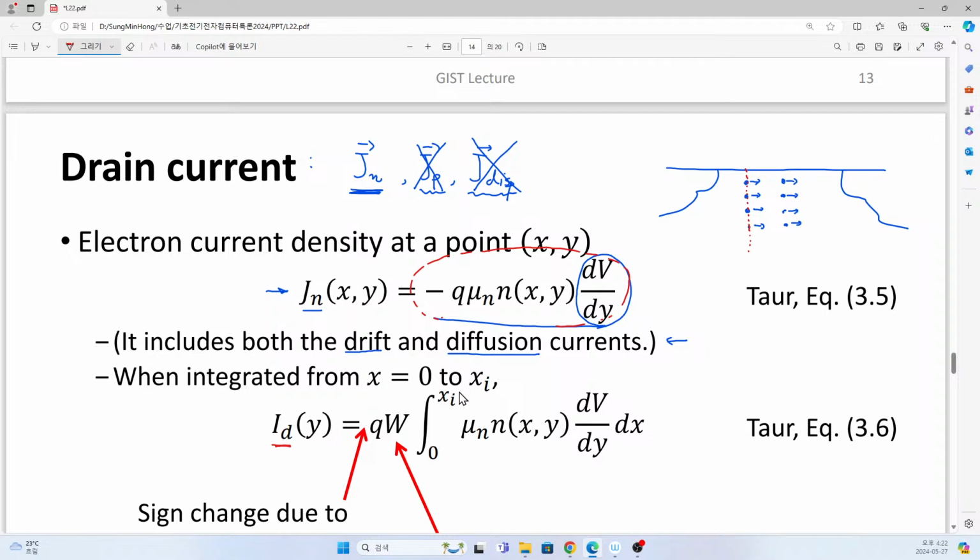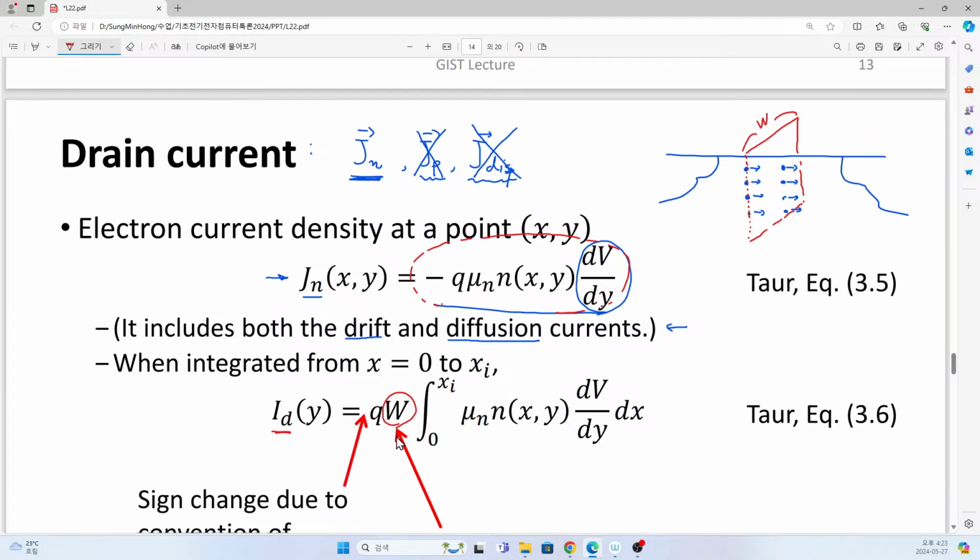Well, actually, I have to be more accurate. We must make an integration over a cross section, so we must do a two-dimensional integration. However, fortunately, the y-directional integration is just done by multiplying by W. So that integration is already covered.